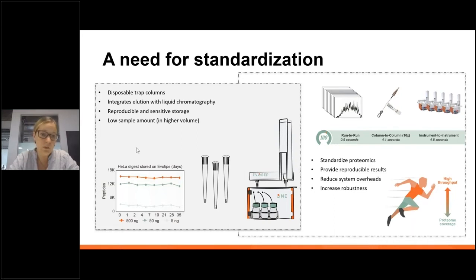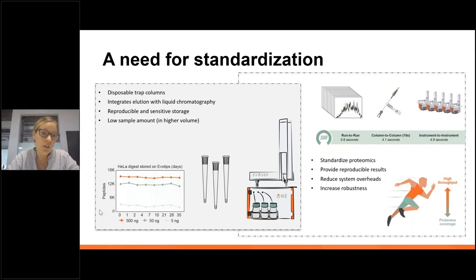And we did an experiment here where we looked at the stability of peptides over days up to 1 month. And we see that for different loads, here 5, 50 and 500 nanogram, we actually have a really nice reproducibility, or a very nice storage of the peptides on the Evotip, and something which we believe would not be feasible in a plate to the same extent.